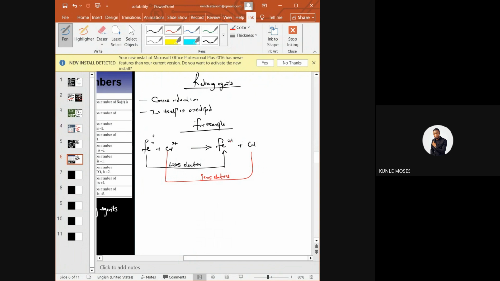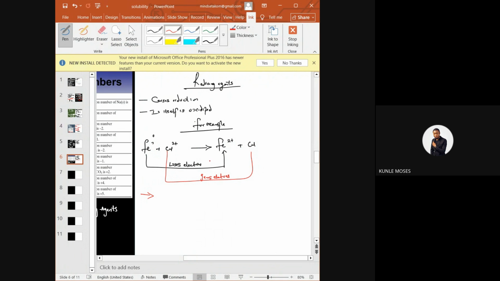Now, looking at the rule that I gave you, you can simply say that iron itself is being oxidized. Please, are we together? Can you all hear me? We can say iron itself is being oxidized. Why? Because it is losing 2 electrons.